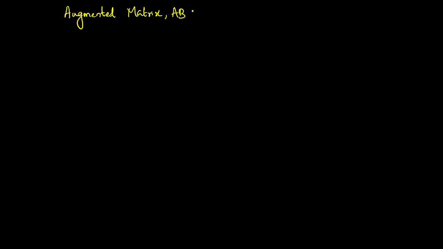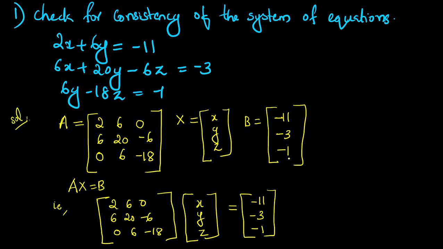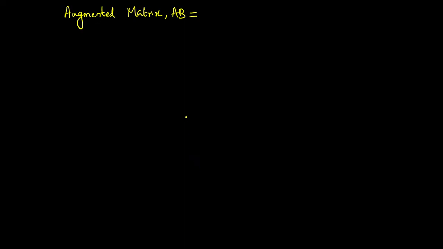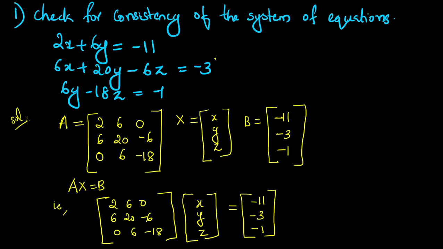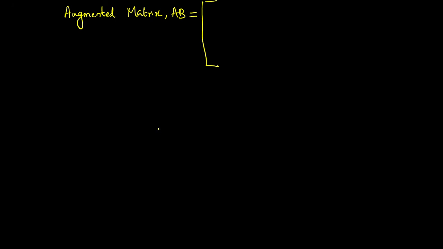Augmented matrix AB is found by just combining the B matrix as one more column towards the matrix A, just appending the matrix B to matrix A. This is the augmented matrix.